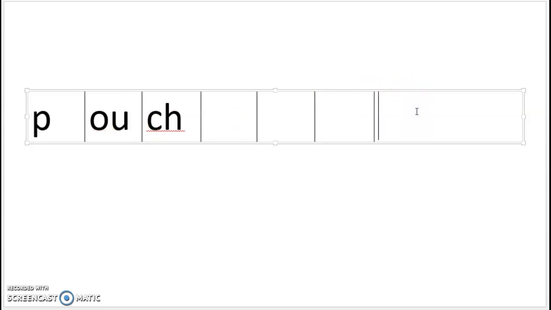Instead of pooch, now my word is, yes, pouch. Instead of pouch, now my word says, yes, couch. Okay, that was the first chain we were going to do today.